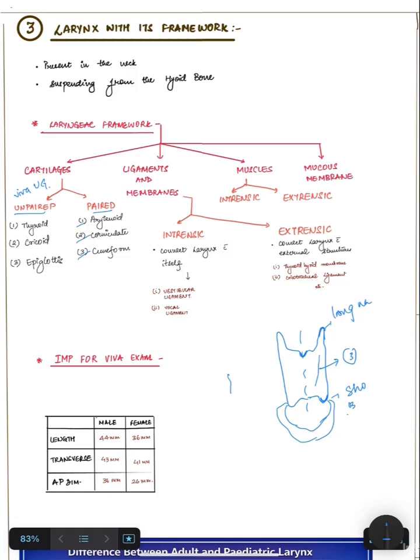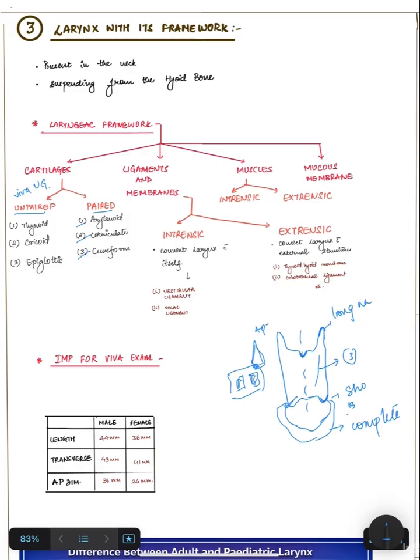And posteriorly it has two quadrangular lamellas where there is attachment of muscles. And cricoid also has two facets for articulation. One is for articulation of thyroid cartilage and the other is the articulation of arytenoid cartilage. Cricoid is the only complete cartilage, in signet shape, and arytenoid is pyramidal in shape.